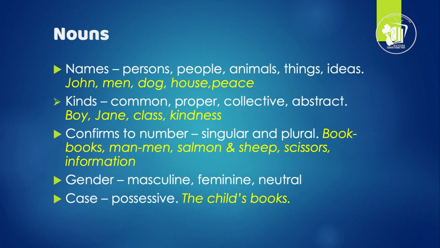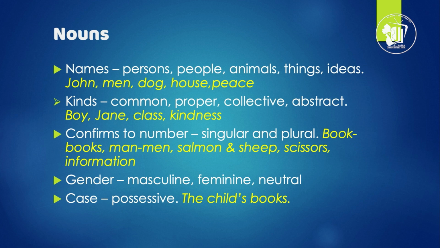Then we have scissors, which always sounds as though it's plural. And then we have information, which is always single. Gender, and gender is divided into masculine, feminine, and neutral. Then we have case, which talks about possessive.